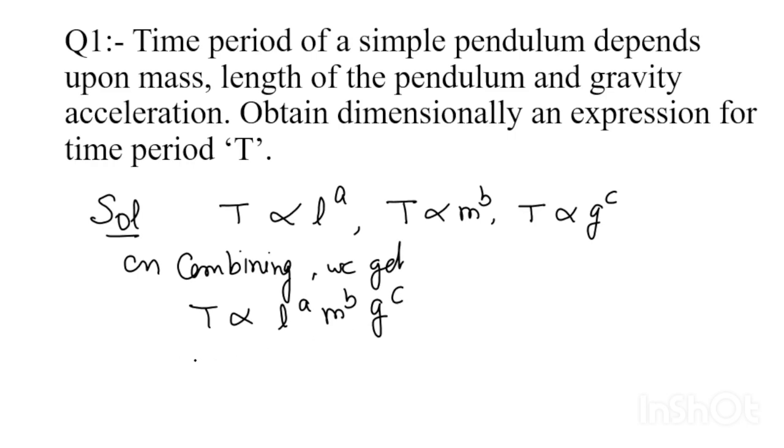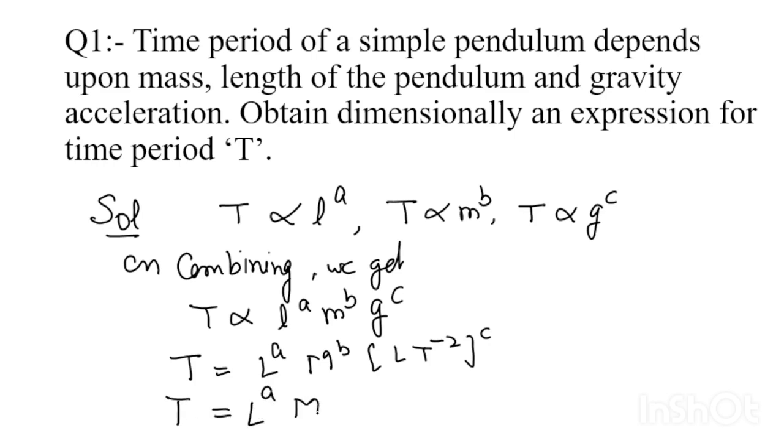Now put dimensions on both the sides. The dimension of time period is T. Dimension of length is L. Dimension of mass is M. Dimension of gravity acceleration is LT power minus 2, whole power C. Now we can write T equal to L power A, M power B, L power C, T power minus 2C.